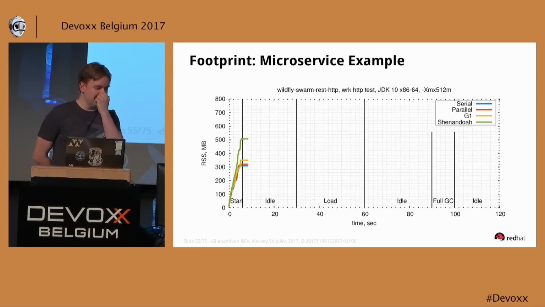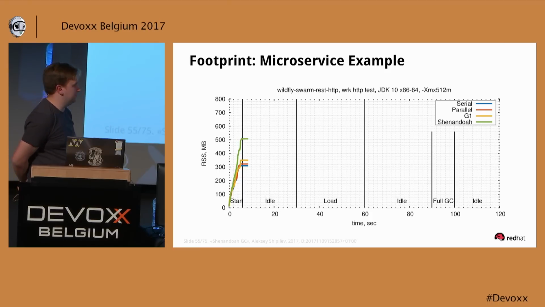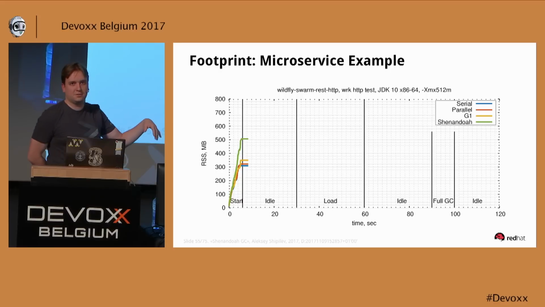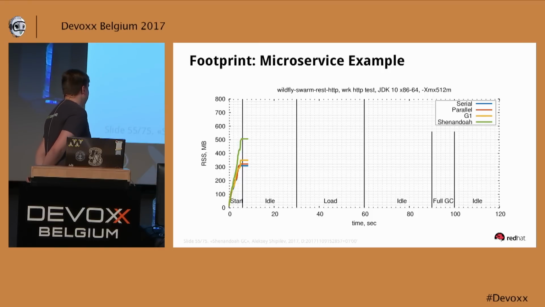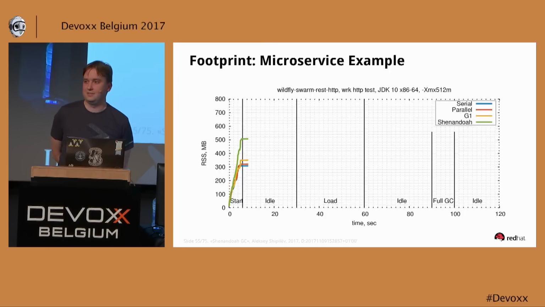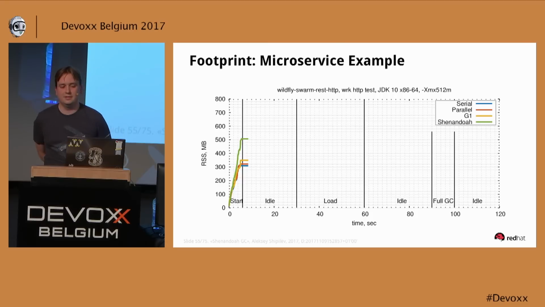It's instructive to look at the time evolution of this workload when it performs different phases. Once you start the application, it does some initial allocations, and right there you can see that Shenandoah is already higher than every other collector. This is because other collectors have already done some young GC pauses there, and Shenandoah didn't. It just preferred to expand the heap rather than doing a GC cycle.